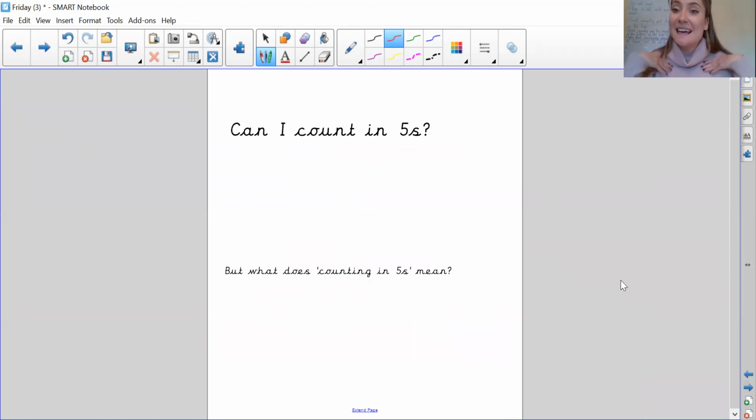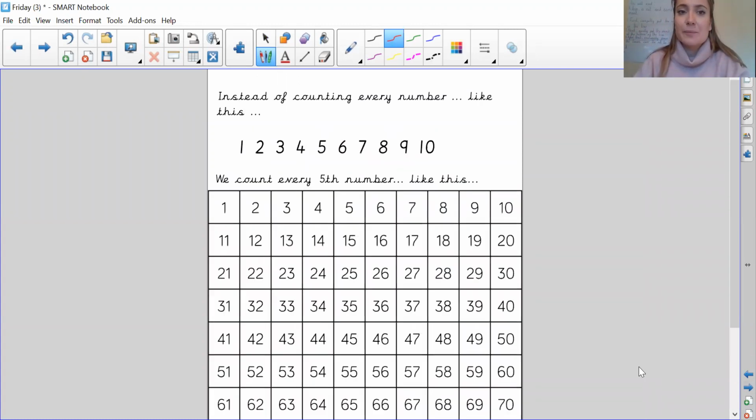Okay, so our objective today is, can I count in 5s? Good, but what does counting in 5s mean? Let's have a look. So let me get my highlighter pen for us. So instead of counting every number like this, 1, 2, 3, 4, 5, 6, sometimes we count in our 5s. And especially if we see tallies and things like that, we count in our 5s.